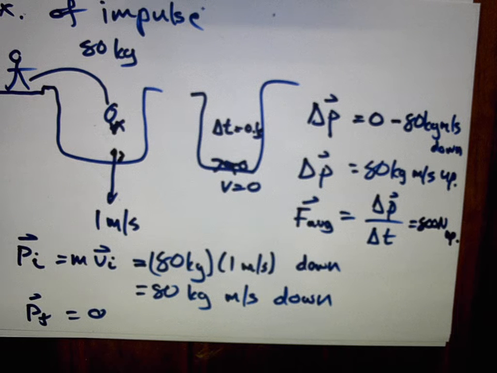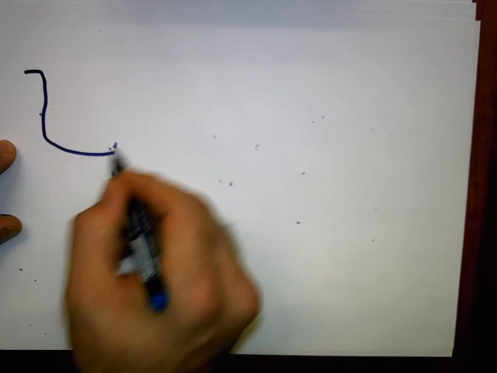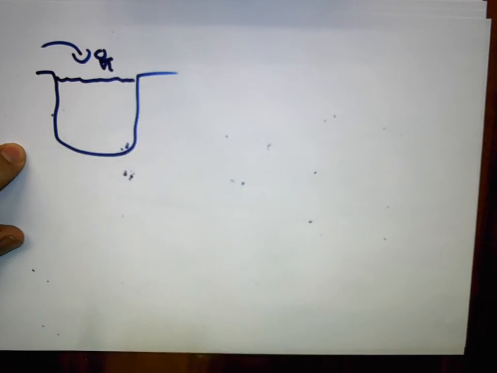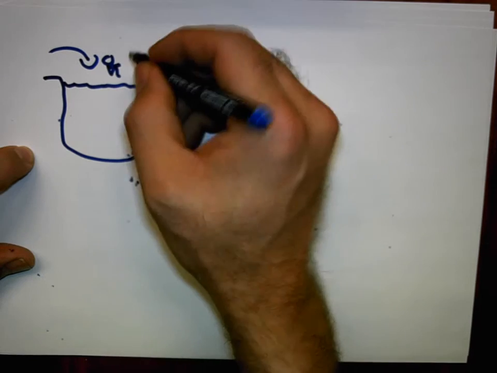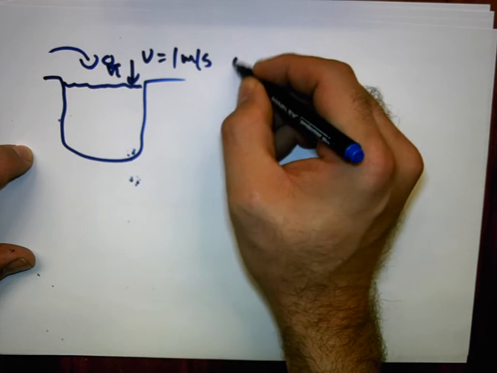Let's now look at the case where there is actually water in the pool. Here's the pool, and there's the water, and there you are going again. Let's say again your velocity is 1 meter per second downwards.